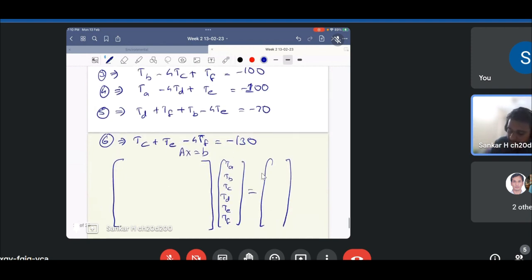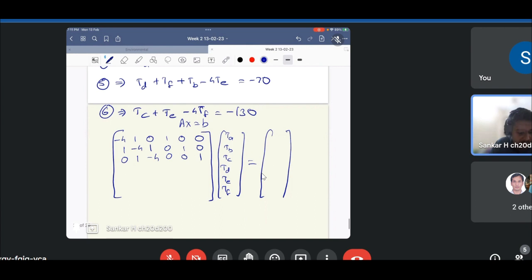When we do that, we'll get the matrix as -4, 1, 0, 1, 0, 0, 1, -4, 1, 0, 1, 0, 0, 1, -4, 0, 0, 1.